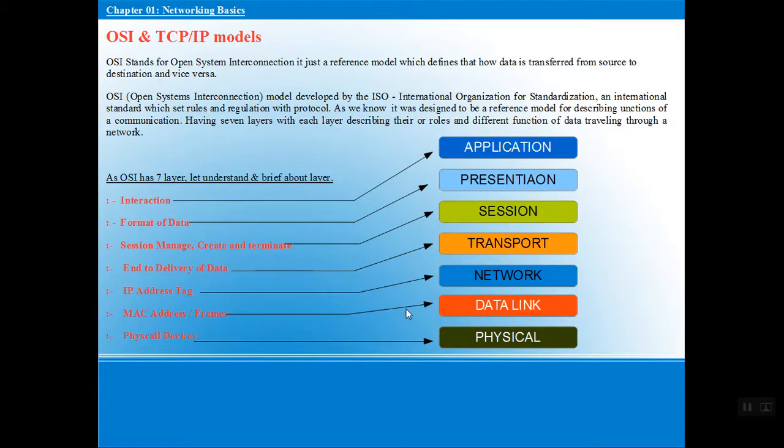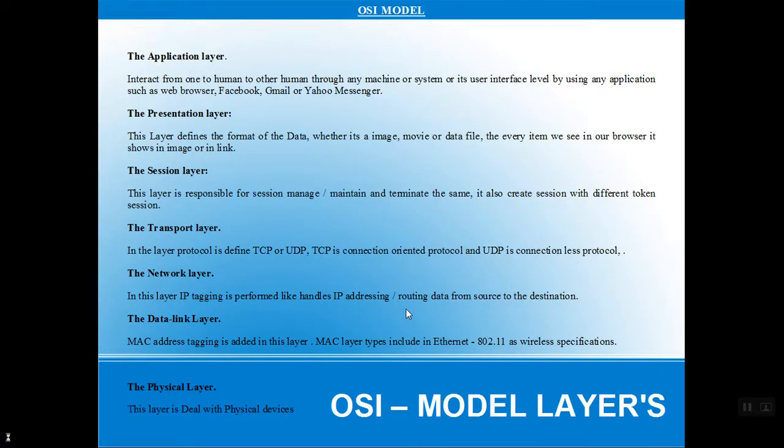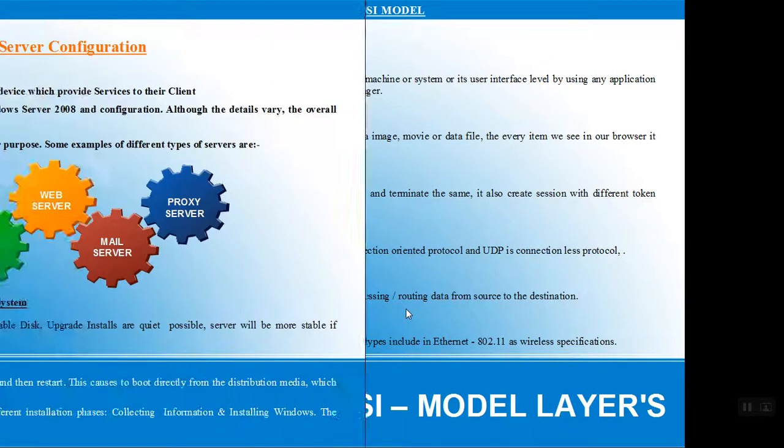So OSI is basically the application, presentation, session, transport, network, data link, and physical layers. These layers are divided into 7 categories. Next we have a briefing about how data transfers from source to destination, from the application layer to the physical layer, as we have already described.